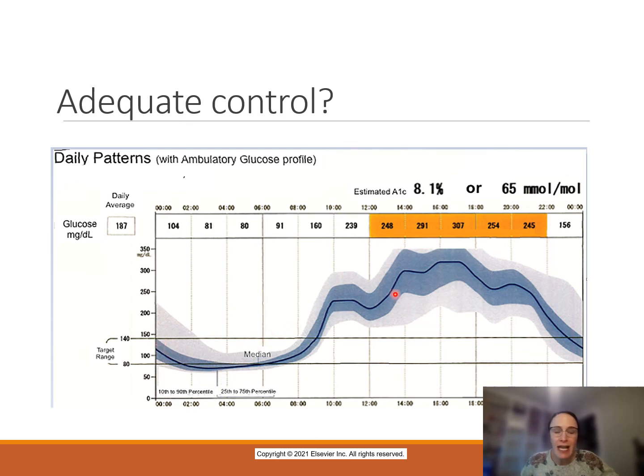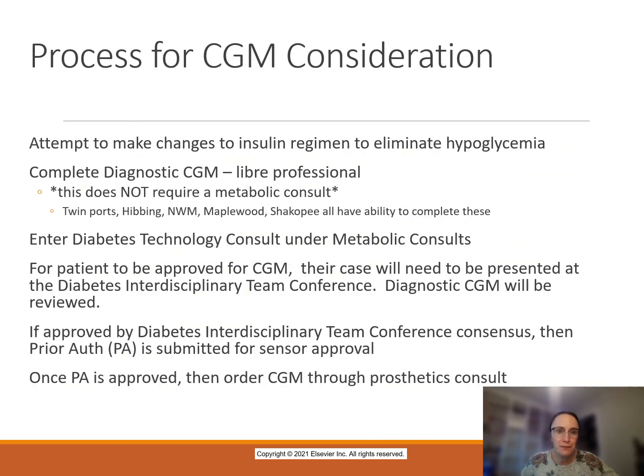So the answer here isn't more Lantus or long-acting insulin. You actually want to decrease the long-acting insulin and figure out how to cover these highs that are happening after meals, whether it's adding mealtime insulin or adding a GLP-1 if you don't have them on one, or something like that. So CGM is incredibly helpful in these situations.